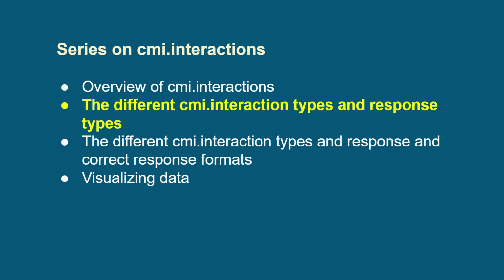So to recap, this one is with the different CMI interaction types. There are different response types. If it's a true-false question, it has a different learner response than a multiple choice question, than a fill-in question. The acceptable responses can change.